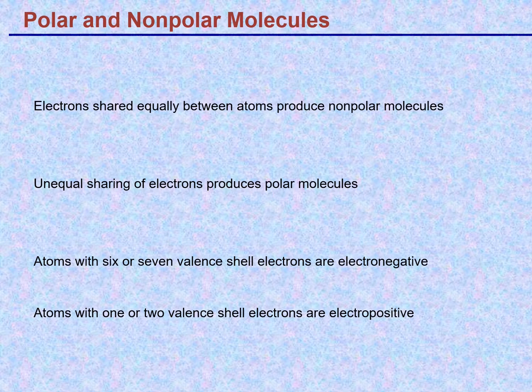So nonpolar is equal sharing and polar means unequal sharing. The unequal sharing means that the nucleus of the atom that they spend more time around is slightly more negative, and that gives it its polarity.